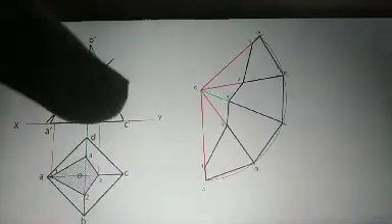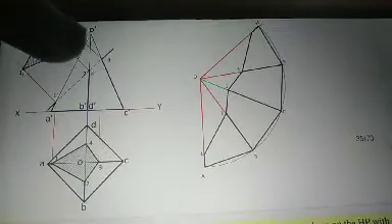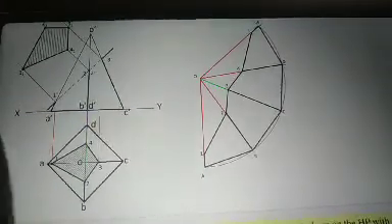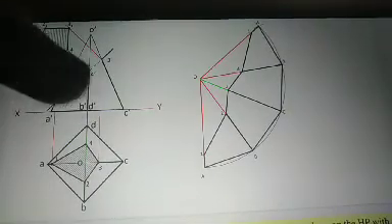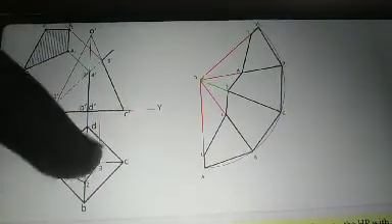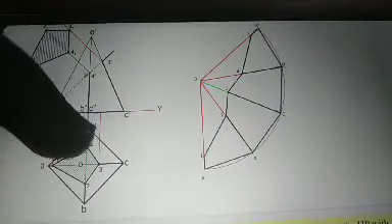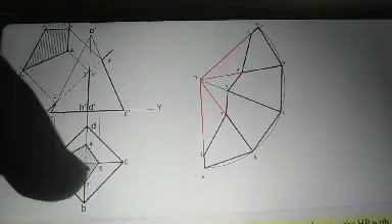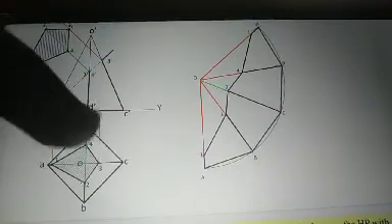For developing the pyramid, let us take the slant edge, which is O dash C dash. Why are we taking this O dash C dash? Since OC is parallel to the XY line, the OC edge of that pyramid is parallel to the XY line.